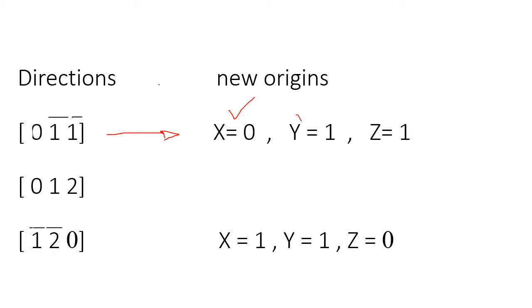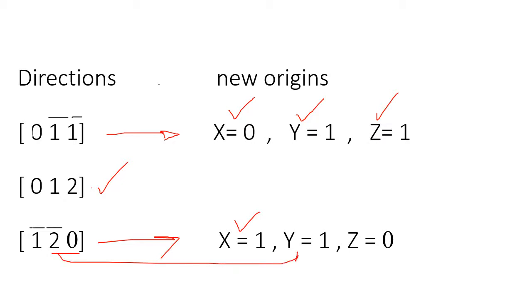For the y we have 1, the same, and the z is 1, the same. For number 2, we don't need a new origin because there is no bar over the numbers. And for the next example, as you see, like the first, we have bar over 2 numbers, so we have to select a new origin. X is going to be 1, as you see here.